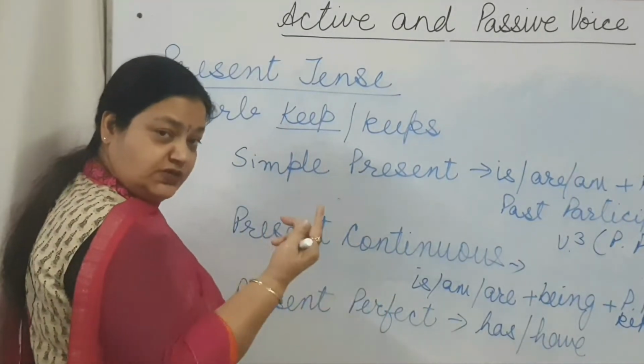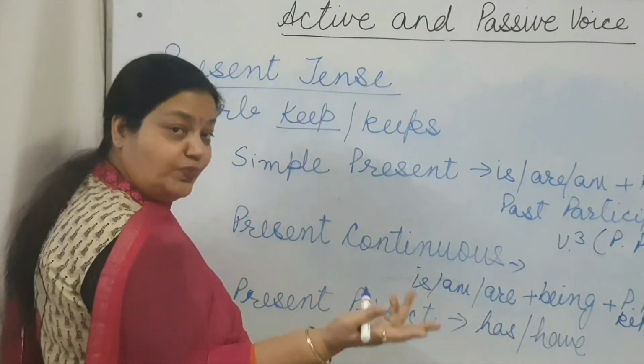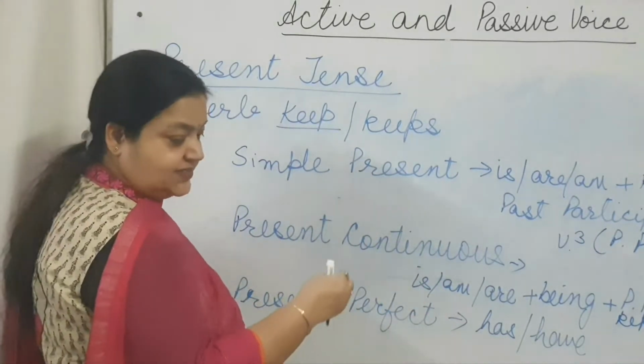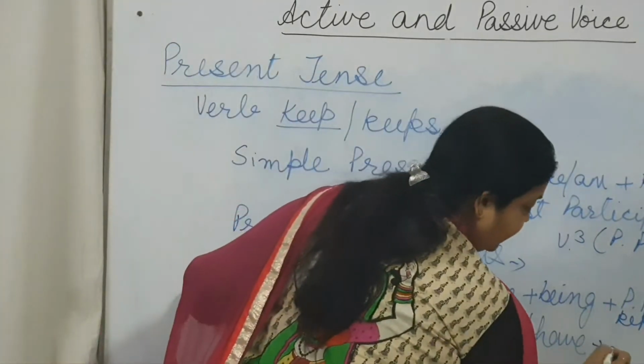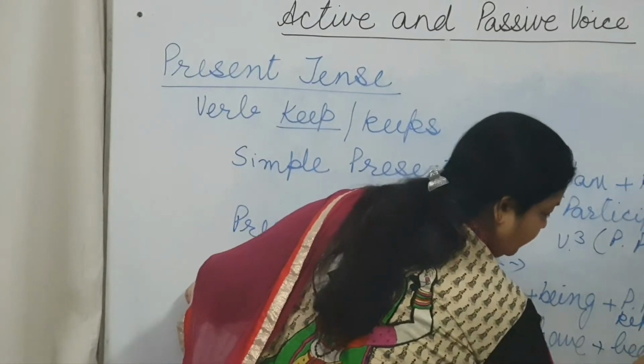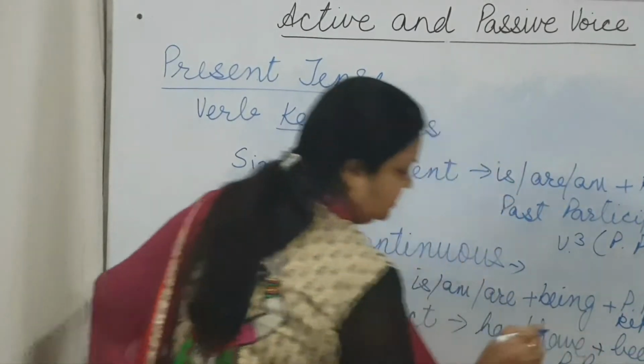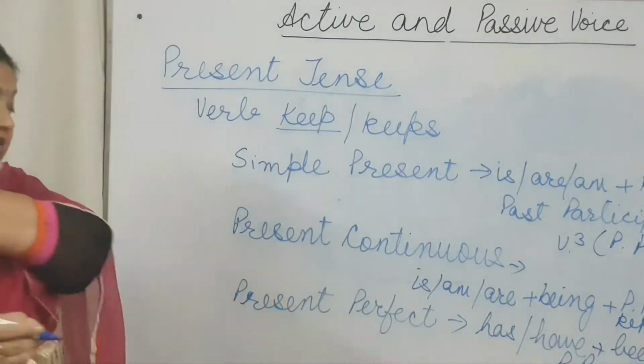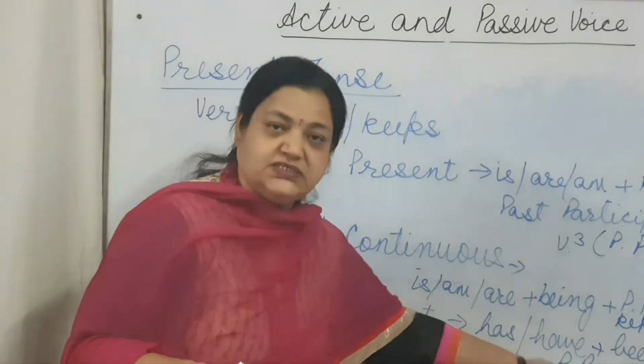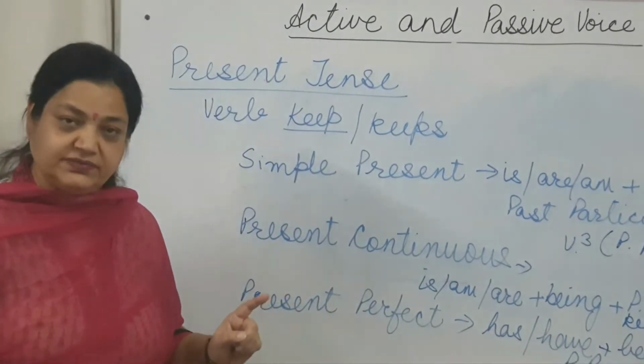So has is for singular and have for the plural. So has, have, plus been, plus past participle. Been is added and past participle is added here.